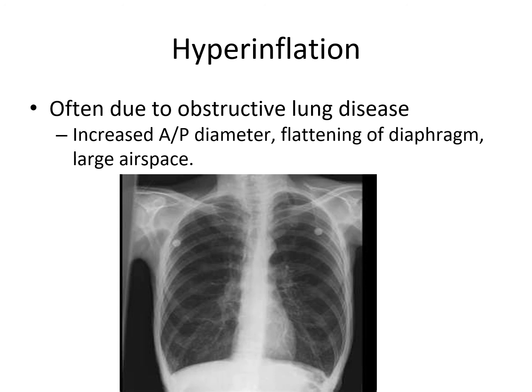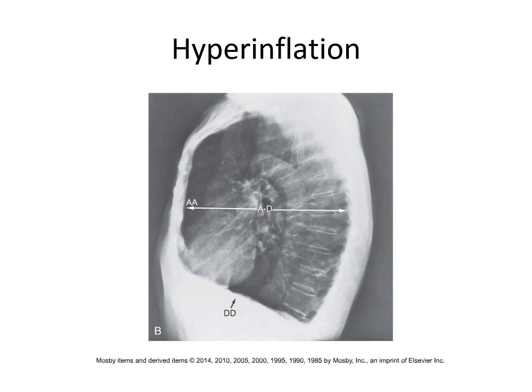Just making sure I'm not forgetting anything here. Here's where you're going to see that increased AP diameter. So the severity of the emphysema and pulmonary hyperexpansion in the patient with COPD is often predicted by the size of the retrosternal airspace.